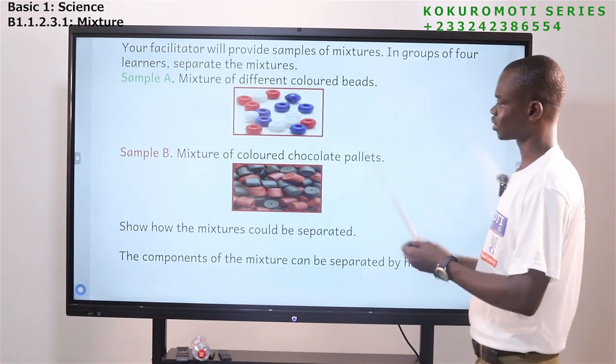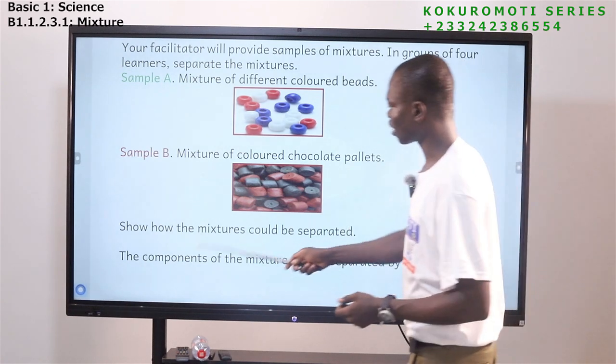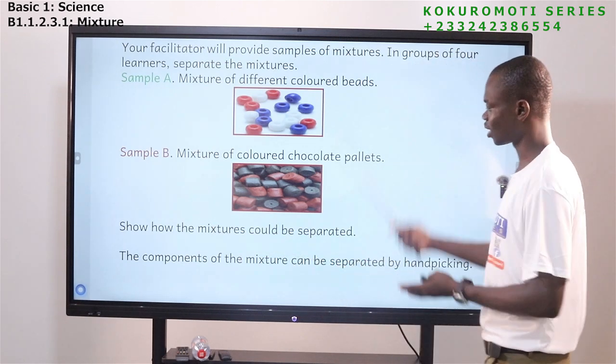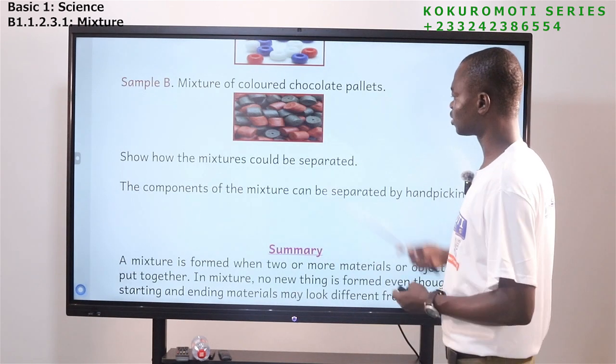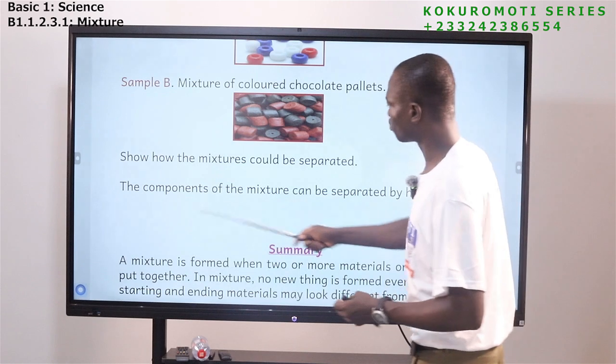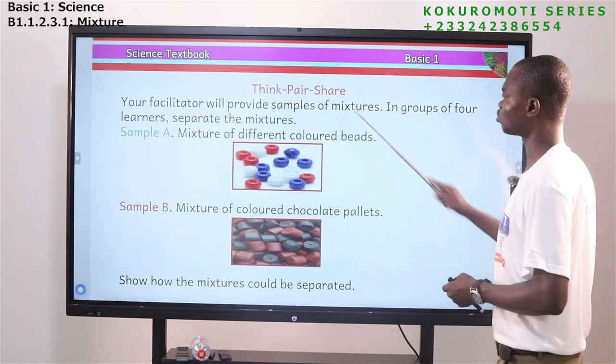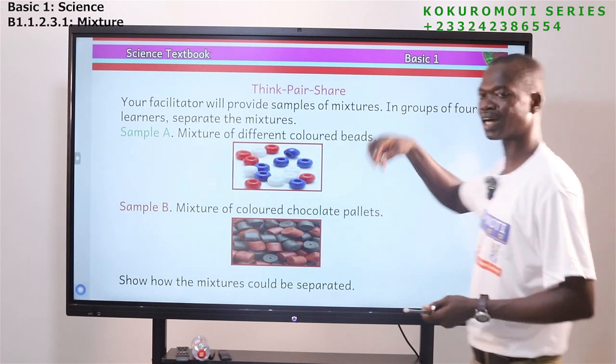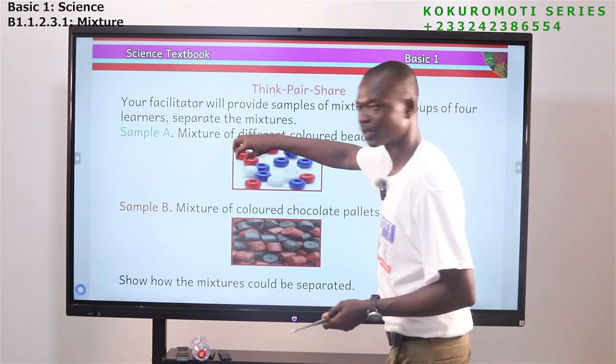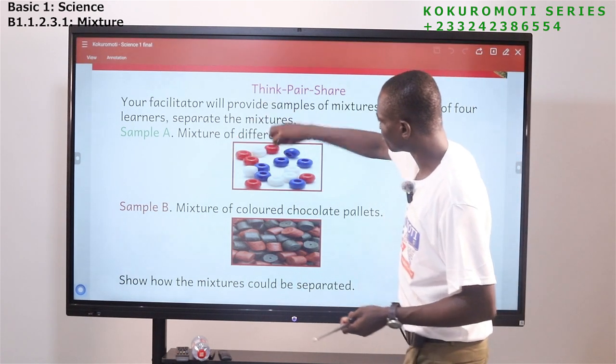So you can also what? Separate them. Show how the mixture could be separated. So as I said, you can easily what? Separate them. Now the components of a mixture can be separated by what? Hand picking. For these 2, if you want to separate them, you use your hands to what? To pick them. You can pick this, you can pick this, you can pick this.